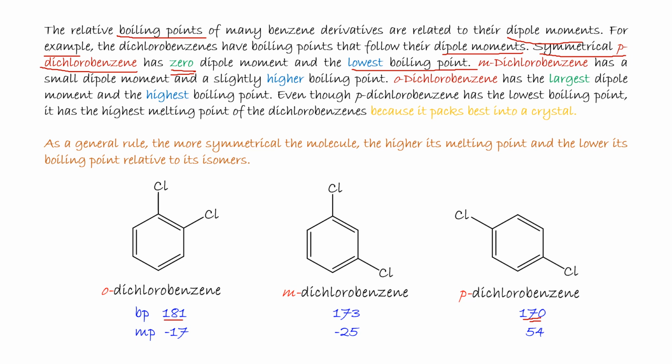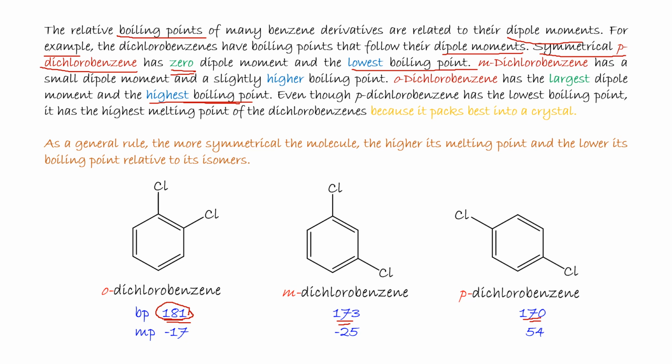The ortho is higher at 181, and the meta is 173. The para analog has a dipole moment of 0, so it has the lowest boiling point. The meta has a small dipole moment and a slightly higher boiling point than the para. Ortho-dichlorobenzene has the largest dipole moment and the highest boiling point.